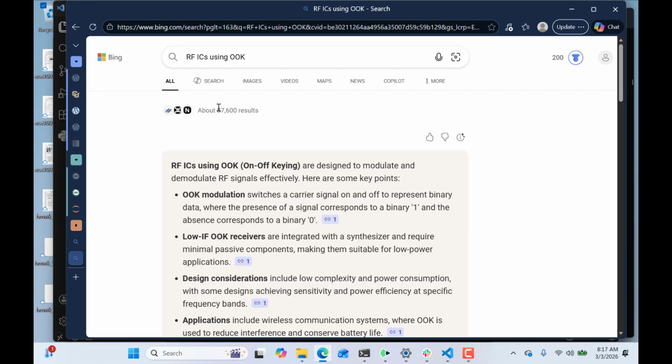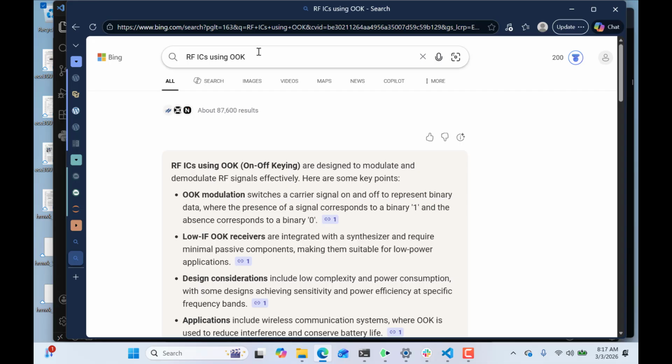And I plugged this in when I walked into class and I said, RFICs using on-off keying, and there's 87,000 hits there that the AI and the web browser used to get this little report filled out. So that says it's very, very popular.